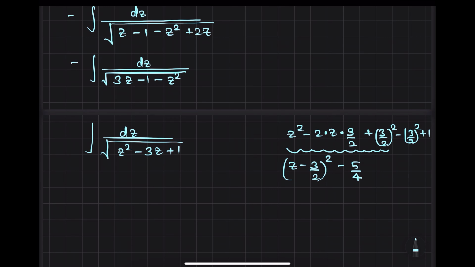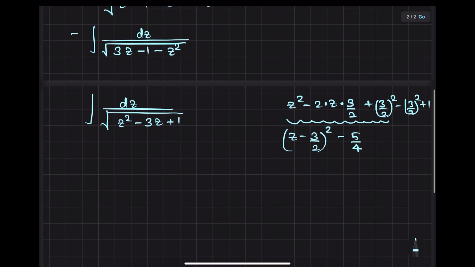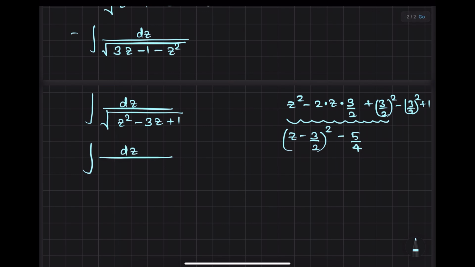Now look, we got dz by root of (z minus 3 by 2) whole square minus 5 by 4. You can write this thing as something square. So can I write it as (root 5 by 2) whole square?